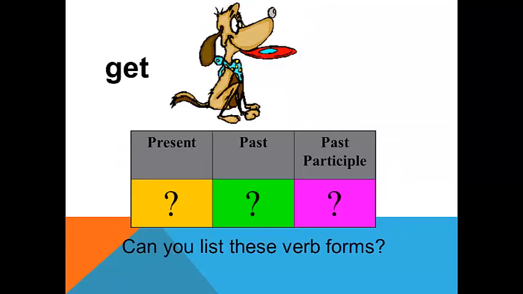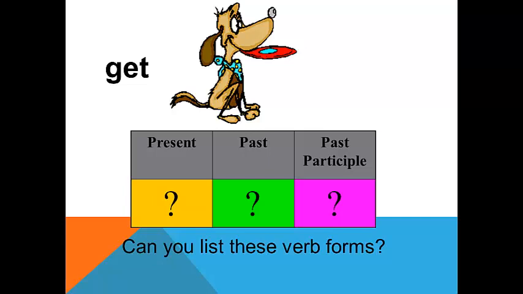So let's see more examples, and here we have the verb get. You can use the verb get to obtain something. For example, I am getting a new laptop this week. Or maybe you can also say, I get your idea, when you catch, when you understand.